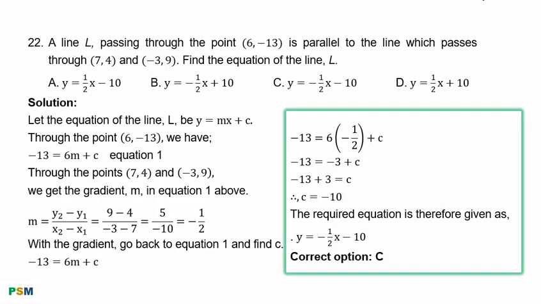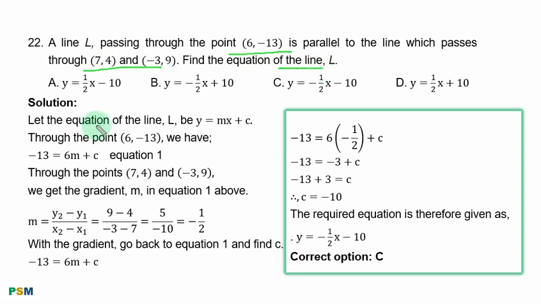Question 22. A line L passing through the point is parallel to the line which passes through these points. Find the equation of the line L. Solution.